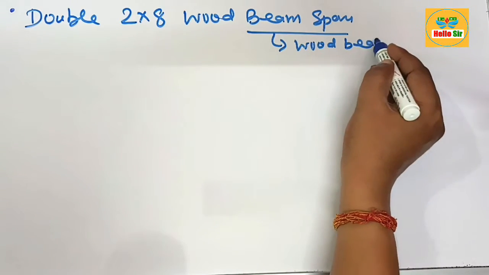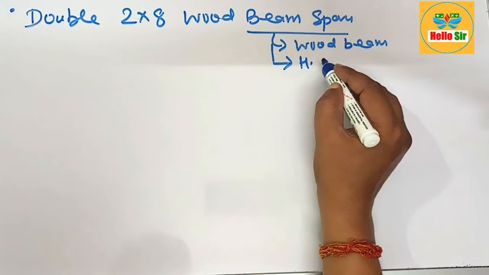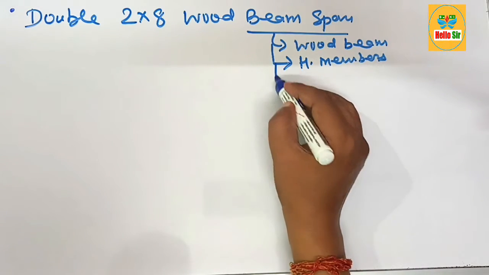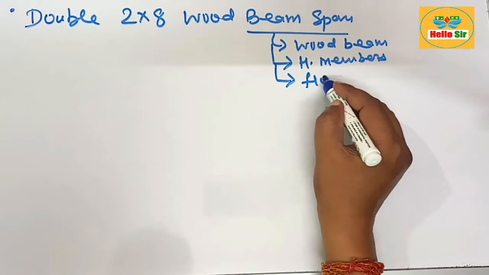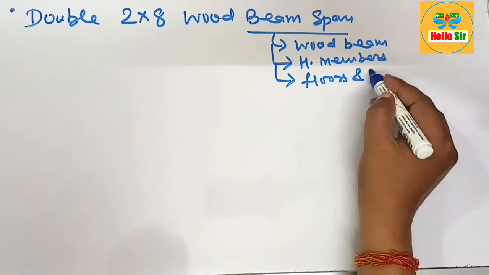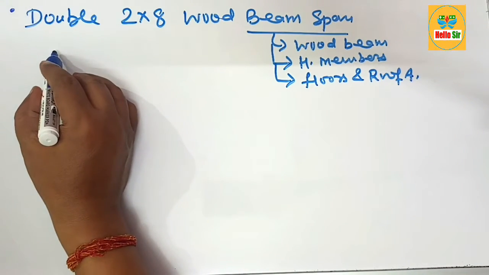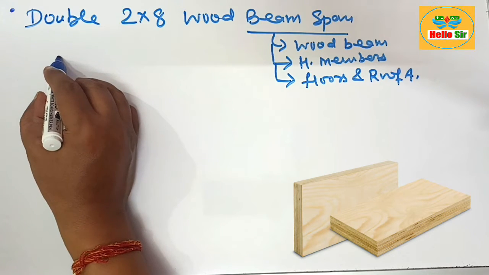In a roof framing system, it is a horizontal member that provides support to floors and the roof area. First, we understand the dimensions of this wood beam.